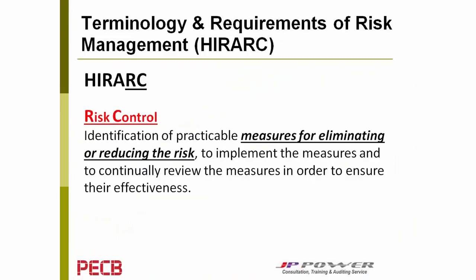And RC stands for risk control. After we have determined the risk level of the hazard, the organization must identify the practical risk control measures to be taken in order to mitigate, eliminate, or reduce the risk.